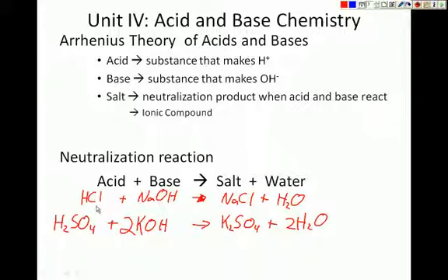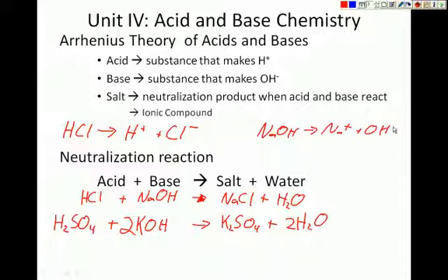Okay, so here is the more familiar definition of acids and bases, where an acid is something that's going to make a H+ ion. So HCl is going to make H+ and Cl-, and since it makes H+, we call it an acid. NaOH, when it's placed into water, is going to make Na+ and OH-.